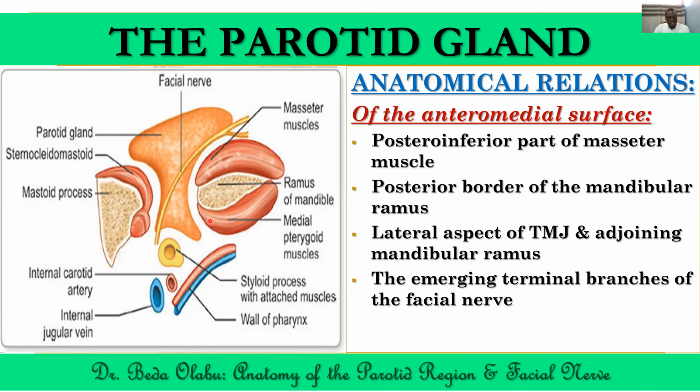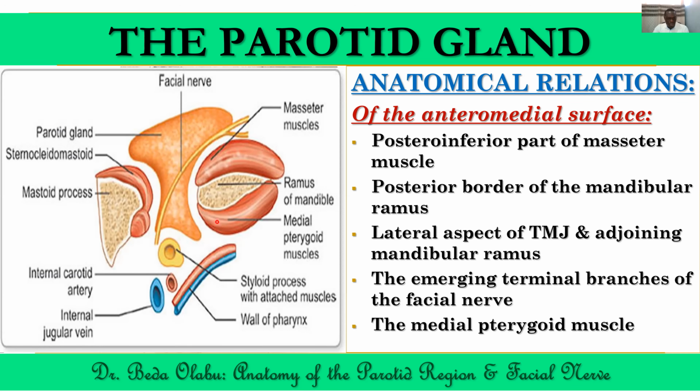And the medial pterygoid muscle is also there as an anteromedial relation, because this is the anteromedial surface. And you can see the branch of facial nerve coming out slightly medial to the anterior margin. So they're also anteromedial relations. This is the border between anteromedial and posteromedial relations.